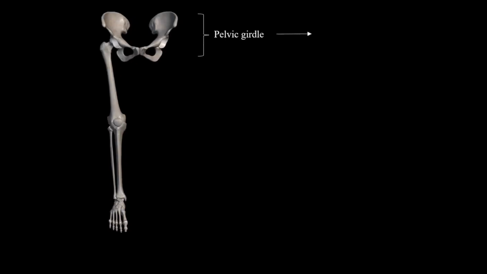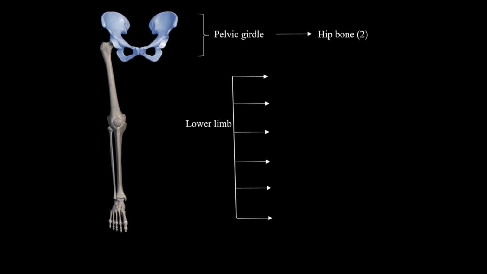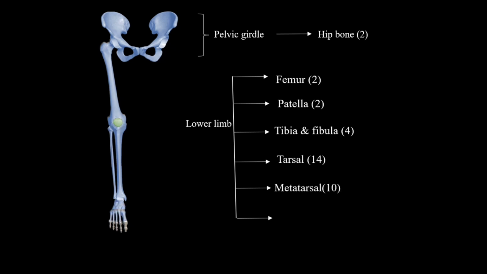The pelvic girdle has 1 hip bone on the left side and 1 hip bone on the right side, and then the lower limb has 1 femur bone in each thigh, 1 patella bone on each knee, and 1 tibia and 1 fibula in each lower leg, 7 tarsals in each ankle, 5 metatarsals in each foot, and 14 phalanges in all the toes of each foot.